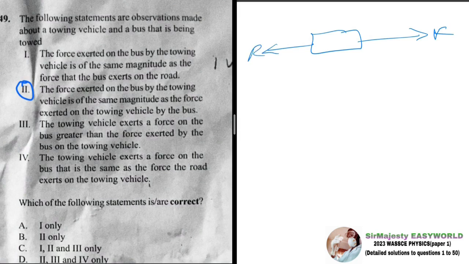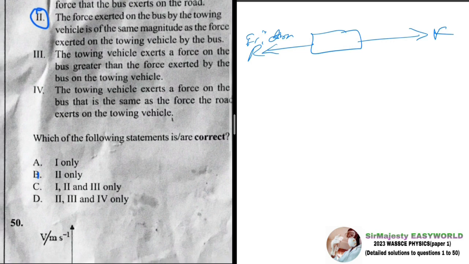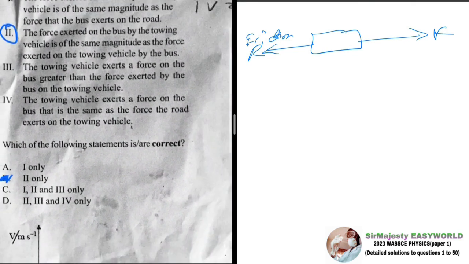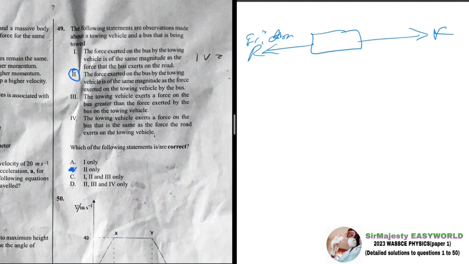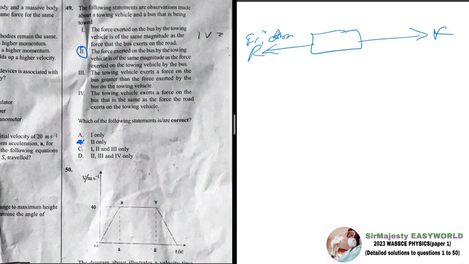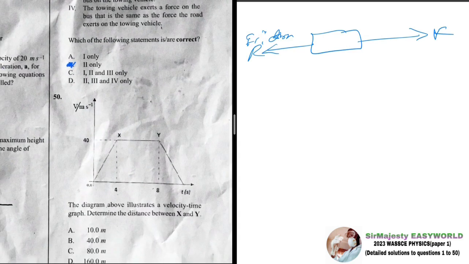Even in anything we do, when you are walking, there is a corresponding frictional force opposing the motion. So the correct answer to this question is II only. The other ones don't seem to be correct. This is not greater than. So obviously, whatever force the bus exerts on the road is not going to be equal to what the towing vehicle is exerting on the bus. It's not the same thing.